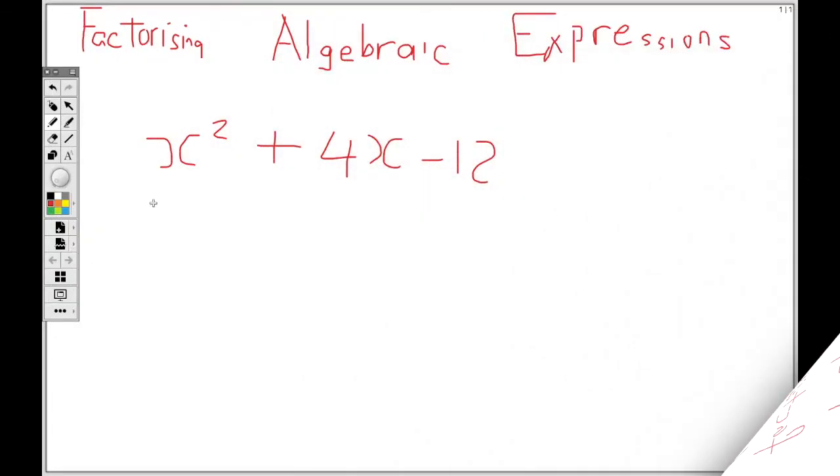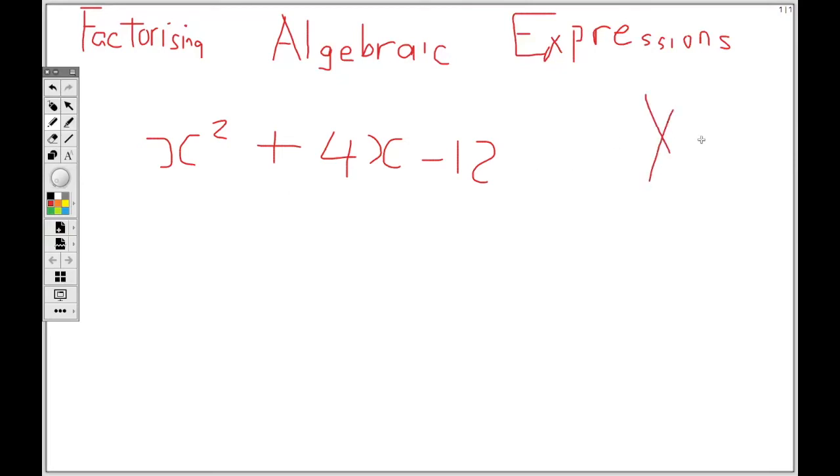So here we have another example where we need two numbers that multiply to give us negative 12 and add to give us positive 4. So looking at this, we have to find the factors.